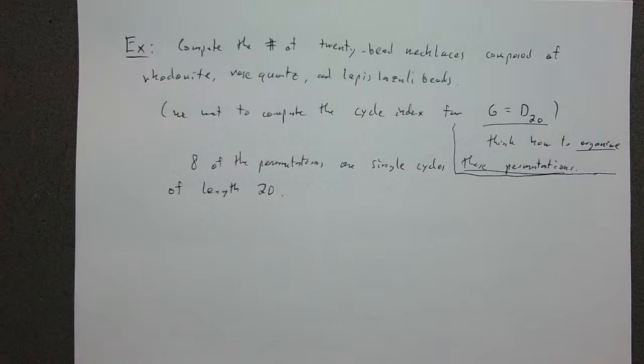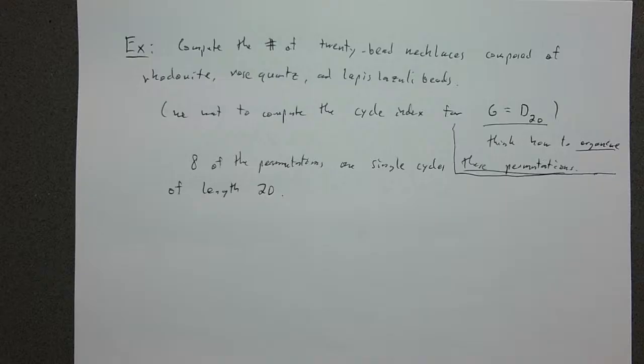I start by asking, well, I'm going to start with those that are the products of the least number of cycles and then move toward the identity permutation, which is going to be a product, as we know, of 20 cycles. It's the permutation that fixes one, fixes two, fixes three, and so on, fixes all 20 things.